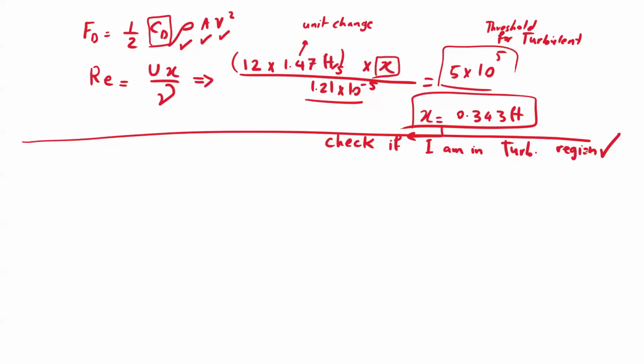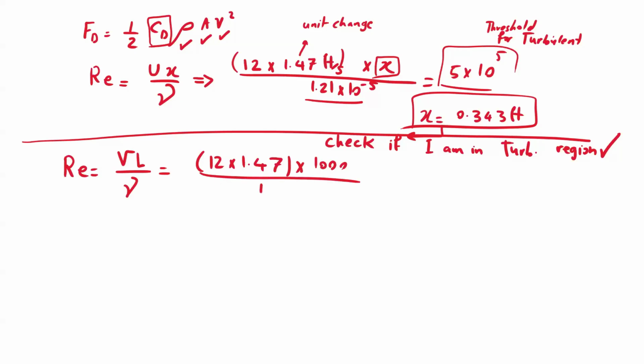I'm going to start finding my real Reynolds, which is the same thing that I have. Velocity is the same. L, I'm going to use the length of the barge because drag is going to be through all the length of the barge. And nu is the same again.